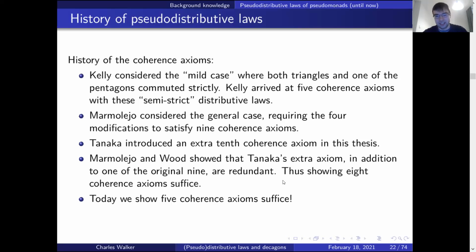And actually, there's an easy way to see that if you know it for algebras, because in the definition of a pseudo algebra, you just have a single unitality axiom and some associativity condition, and then another unitality axiom follows from that. That's because a pseudomonad morphism can be seen as a certain pseudo algebra. So the same thing happens with those coherence axioms. Today I'll show that actually just 5 coherence axioms is enough to define a pseudo-distributive law.